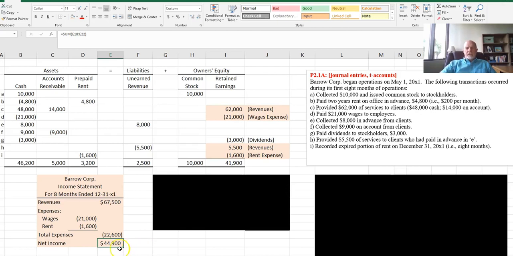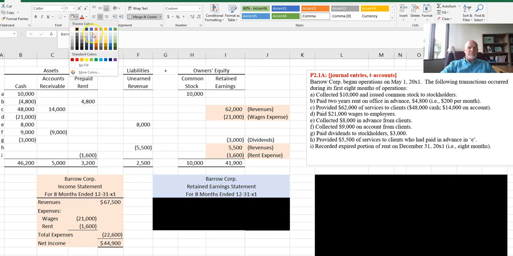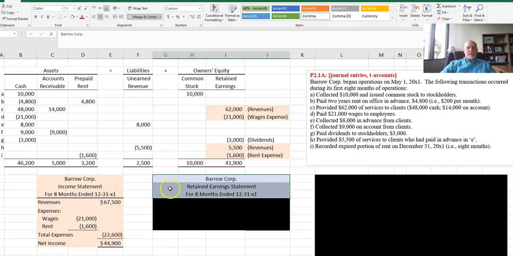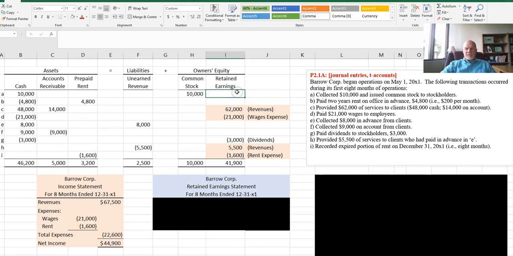Then the next financial statement is the statement of retained earnings. Statement of retained earnings covers the same time period as the income statement. So it's for 8 months. And it explains how we got from that number at the top of the column, which is 0, to the number at the bottom of the column, which is $41,900.